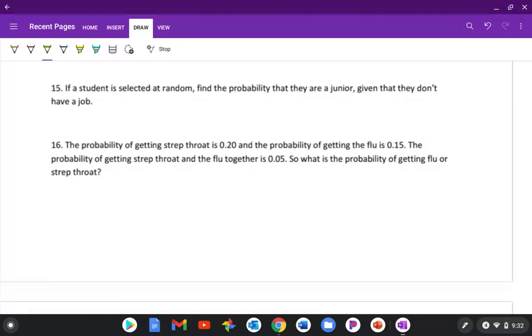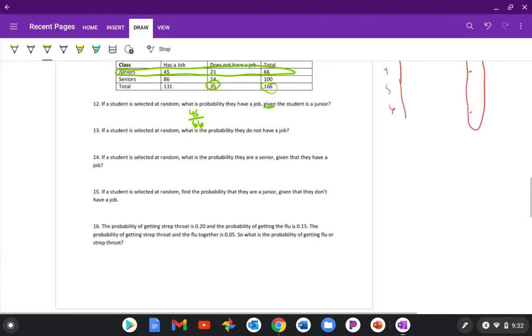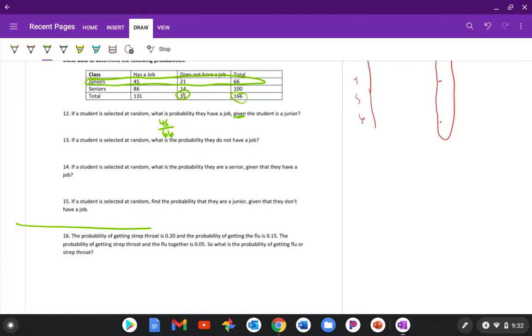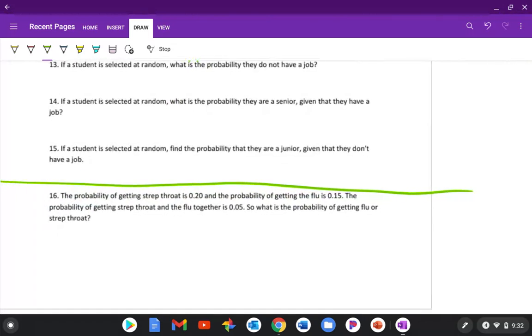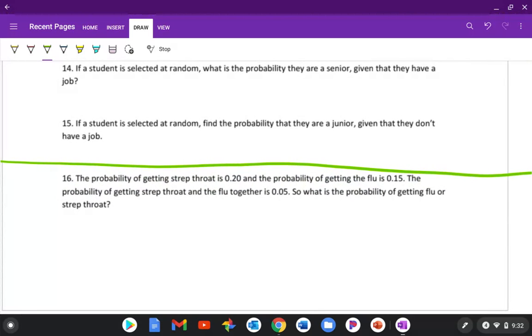We've got some different problems then, starting with number 16. This one is an OR probability. So remember with the OR, that's where you're going to be adding.